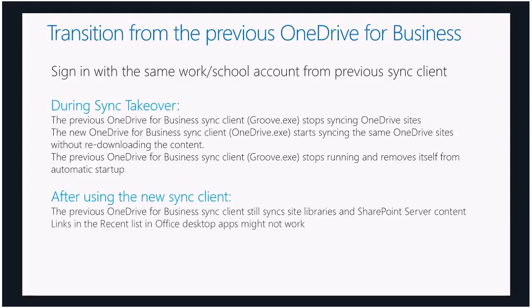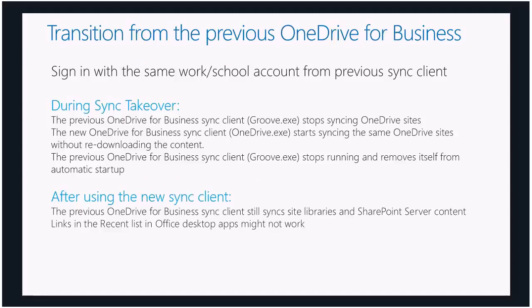We also have the transition from the previous versions to the next generation sync client tools. So now we are working on the next generation, which is exactly the OneDrive.exe. But currently, we still have many customers who are on the old versions, still using OneDrive for Business to sync their SharePoint or Office 365.